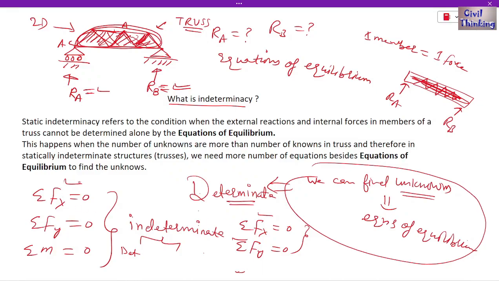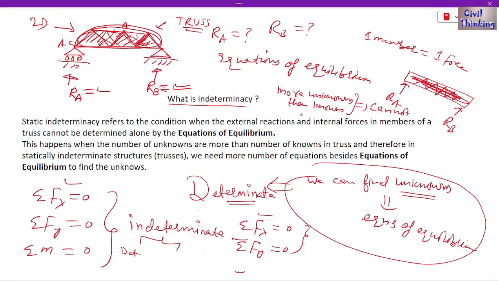When these equations of equilibrium are not enough, the only reason a structure becomes indeterminate is that we have more unknowns than knowns, and then we cannot solve.